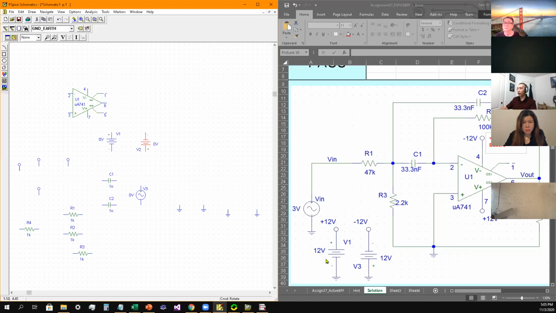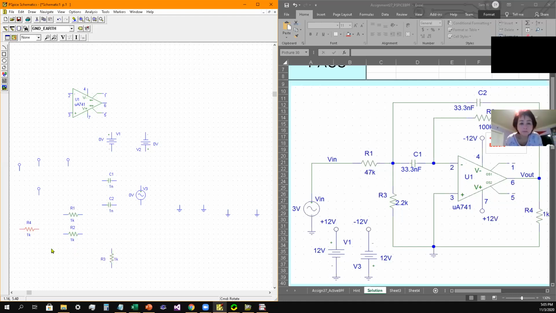Now I have to do resistor 1, resistor 2. Resistor 3 and resistor 4 need to go vertical. Number 3 is here, so Control R to rotate it, and number 4 is right here, Control R. Now I have exactly that order.